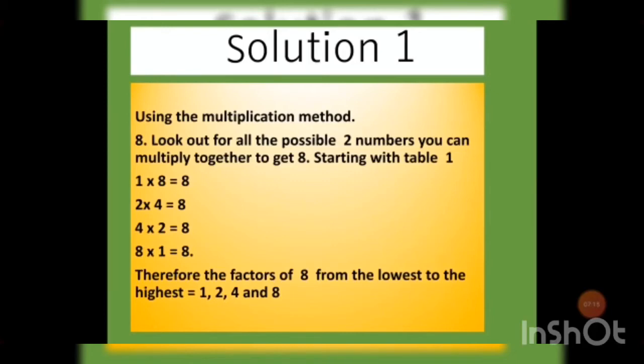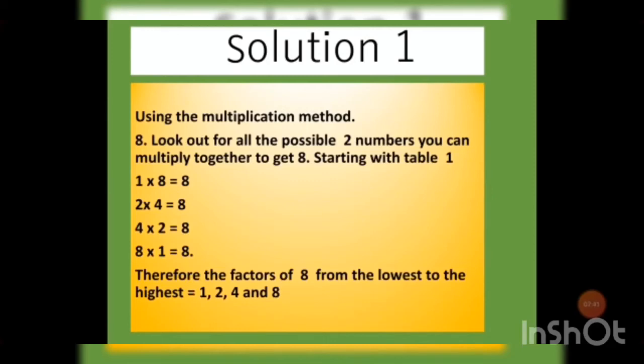So 1 times 8, what will it give you? 8. 2 times 4, what will it give you? 8. How about 4 times 2? 8. How about 8 times 1? 8. So from these numbers that you've spread out now, can you tell what the factors of number 8 are?